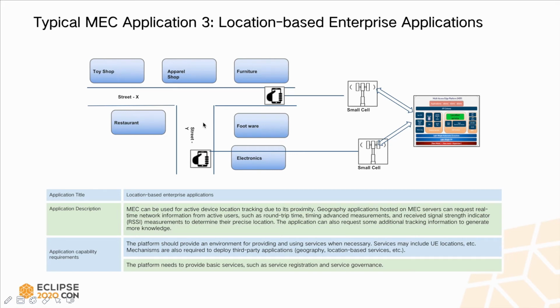The third typical MEC application is location-based enterprise applications. The location-based enterprise applications are one of the most popular scenarios. 5G MEC can be used for almost every active device location tracking due to their proximity.